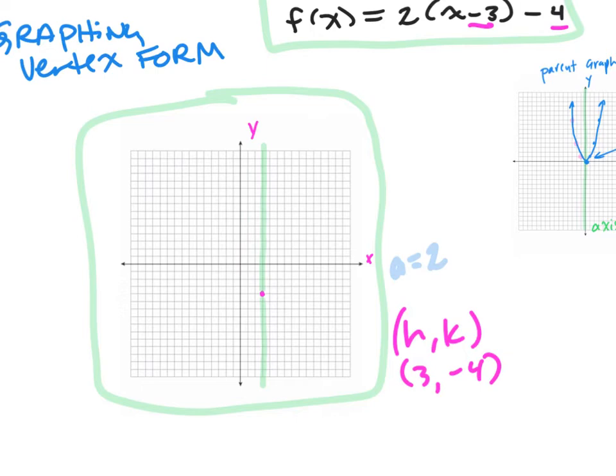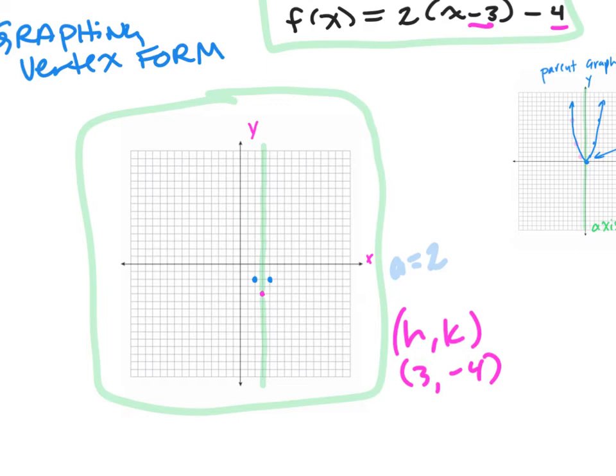So instead of 0 to 1, it would be 0 to 2. And so my very first jump is going to go over 1, up 2. Just think about it. Over 1, up 2. So I can graph 2 points in one step, which is fantastic. I love that. It really makes me happy.